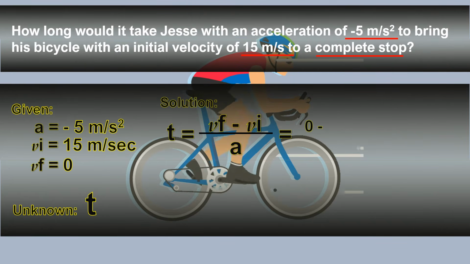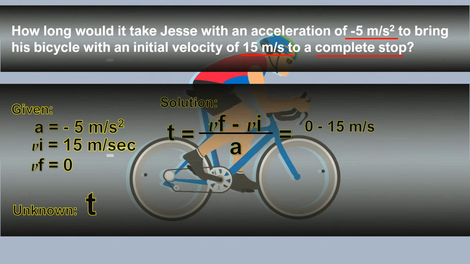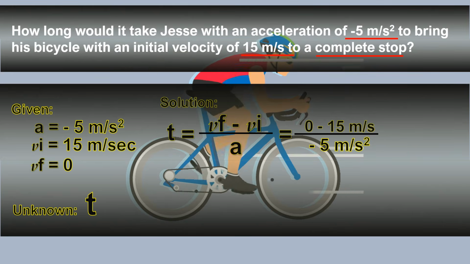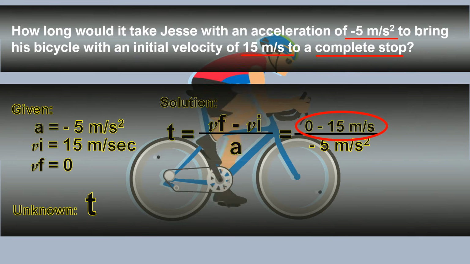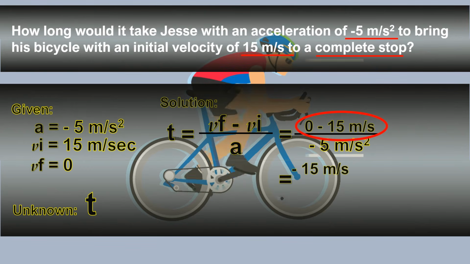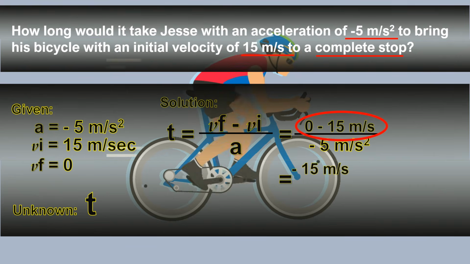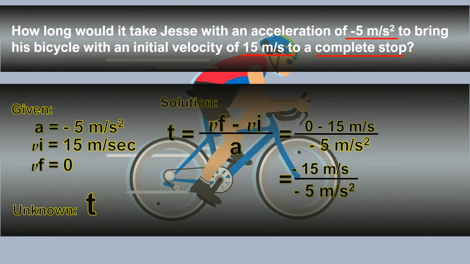Time is equals to 0 minus 15 meters per second divided by negative 5 meters per second squared. 0 minus 15 meters per second is negative 15 meters per second divided by negative 5 meters per second squared.